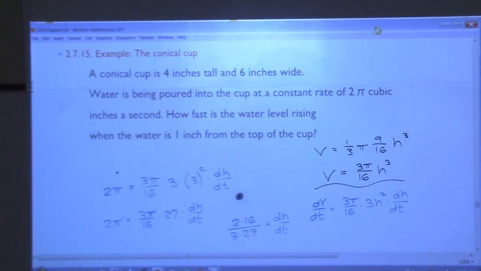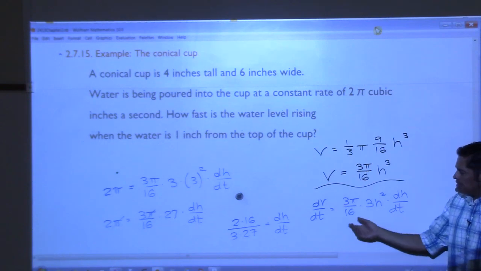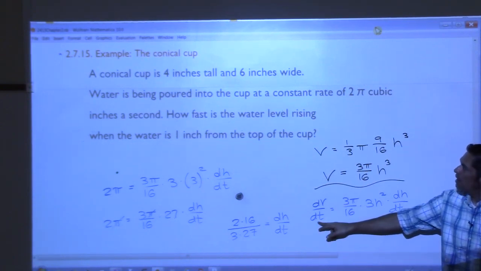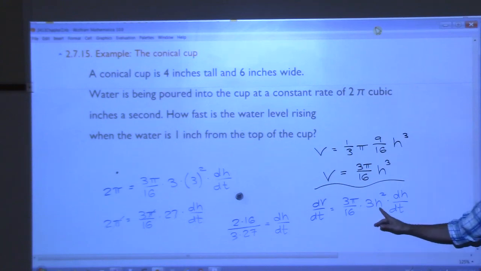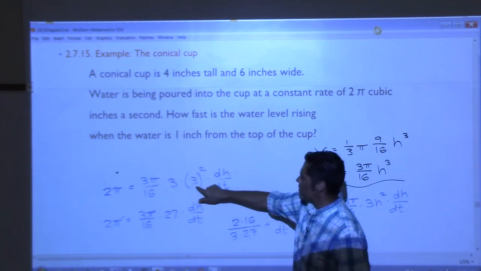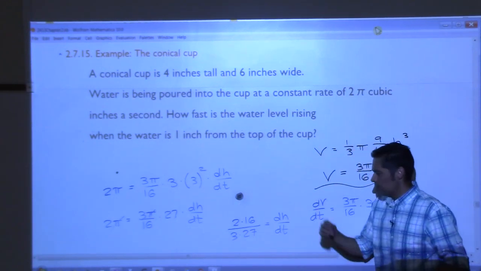0.395. So I've done the work up here. This is your derivative, and then just plugging all the different values in. dV/dt was given to us to be 2 pi. The height of the water level at this moment in time was 3. So I plugged everything in right here, 2 pi, and then I plugged 3 in. And then this is just cleaning up.